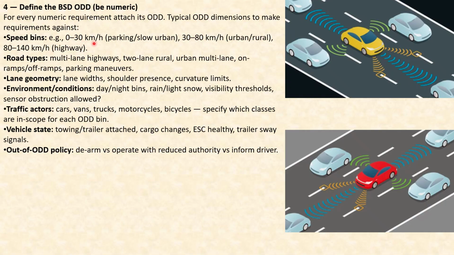First is 0 to 30 km per hour, parking slow urban, 30 to 80 km per hour urban rural, and 80 to 140 km per hour highway. All right. Now road types: multi-lane highways, two-lane rural, urban multi-lane, on ramps, off ramps, and parking maneuvers. Now lane geometry, lane width, shoulder presence, curvature limits.